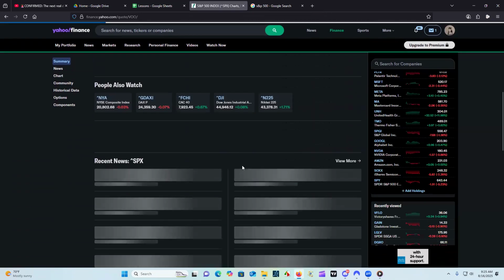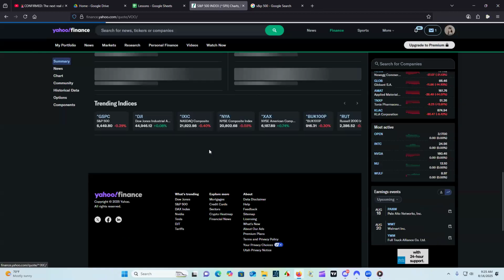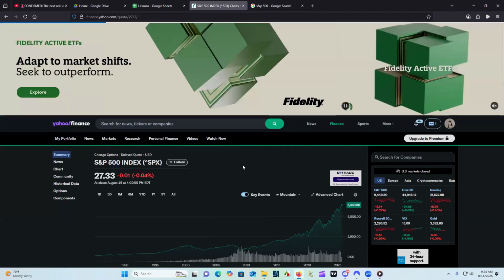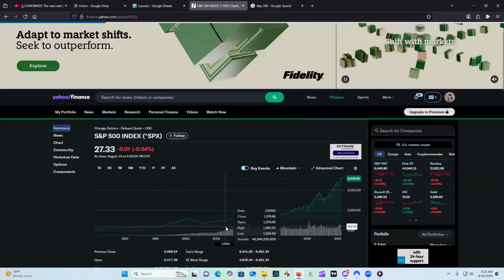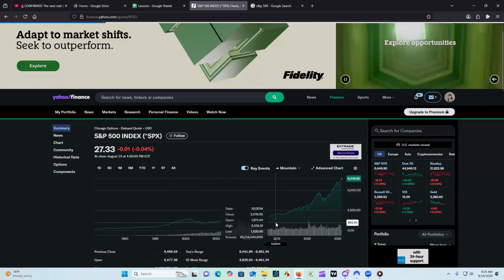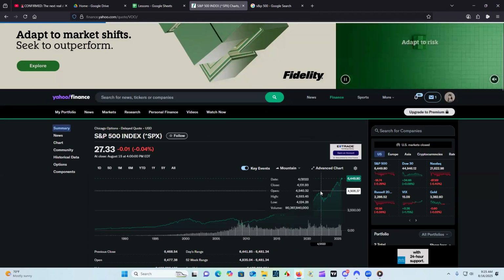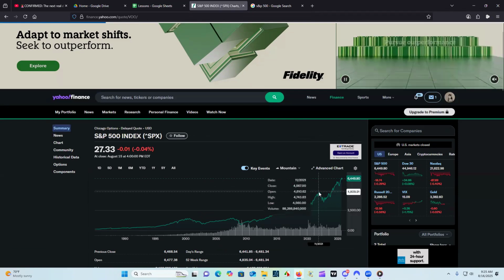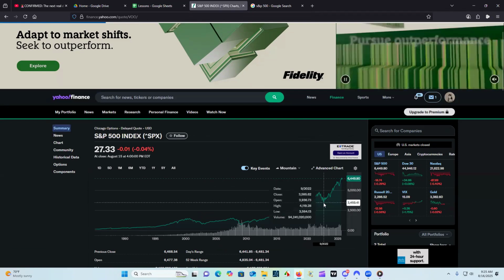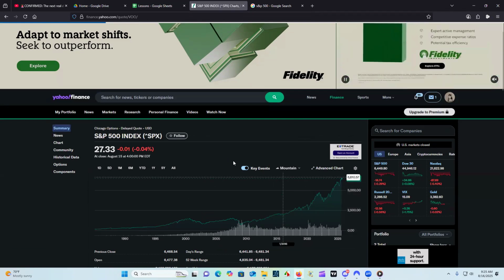So this is something that you can purchase, but it's an okay ETF, but I don't want you to invest in it because it follows the S&P 500, so it'll have a large crash.